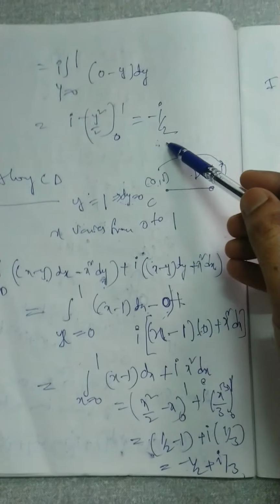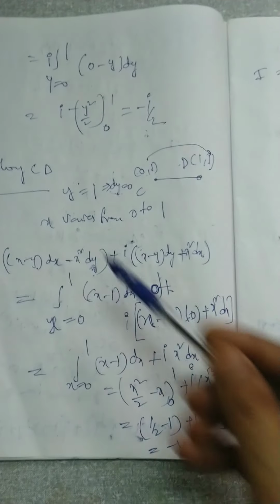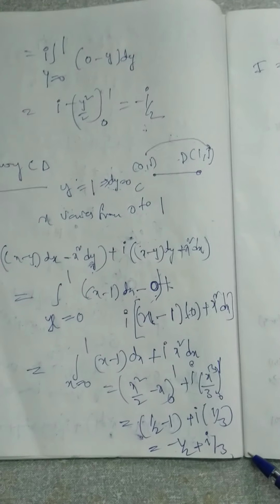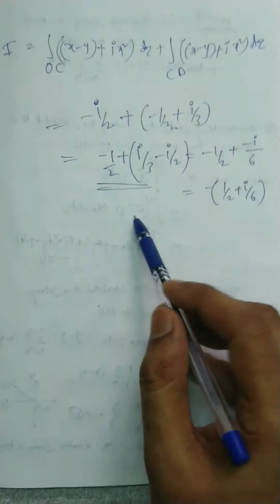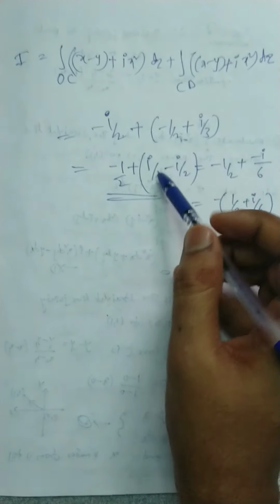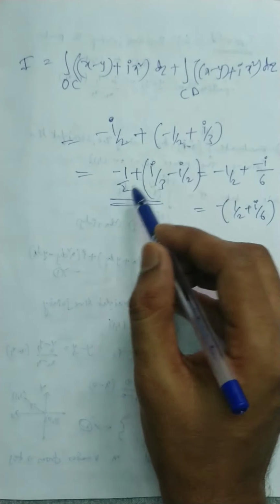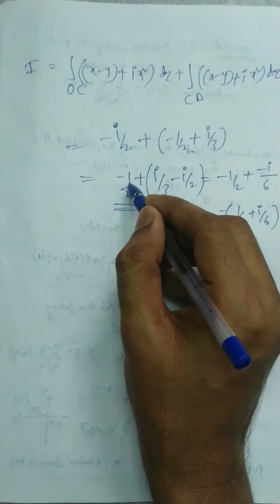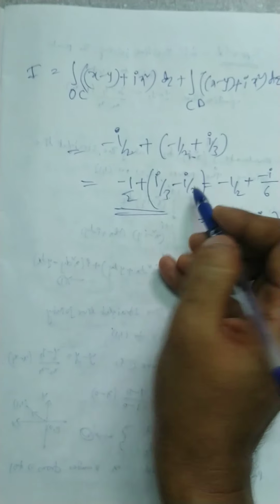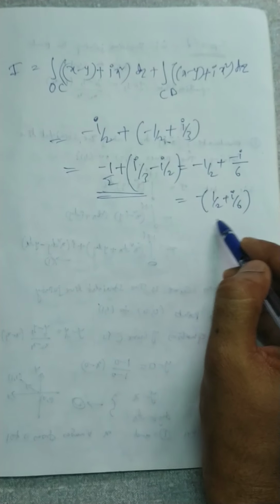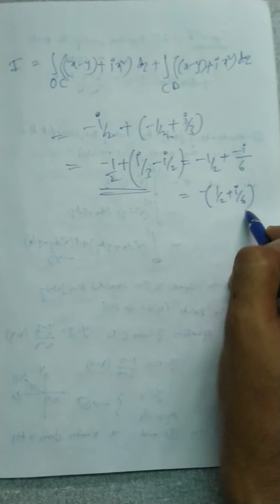So adding the value along OC and along CD, the value minus 1 by 2 plus i by 3, one can see that the total integral of the given problem is equal to minus i by 2 minus 1 by 2 plus i by 3. So you can see here that minus 1 by 2 is the real part which is taken out. Here i by 3 minus i by 2 gives you the value minus of 1 by 2 plus i by 6.